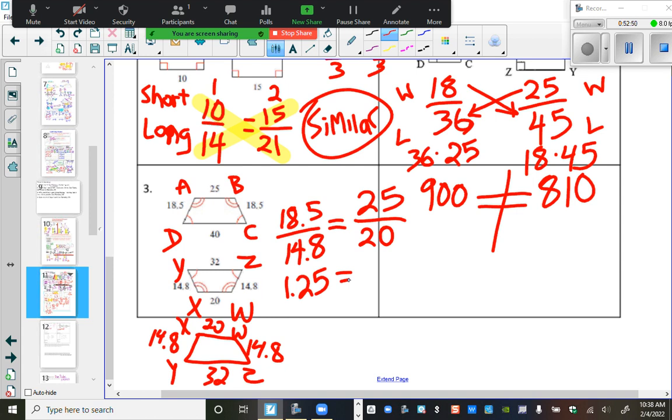So if we divide 25 by 20, what do we get? 1.25. All right. Now, if we were to check cross multiplication, 20 times 18.5 or 25 times 14.8, I think you should still get the same results.